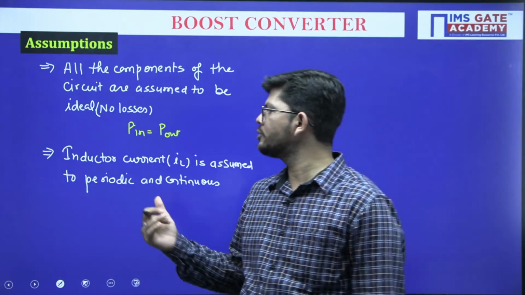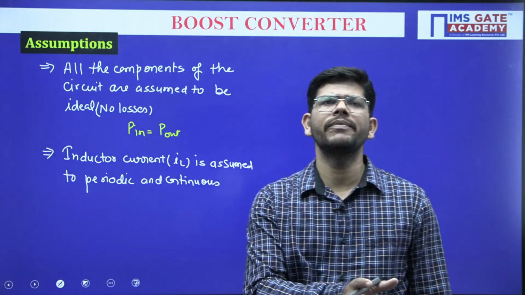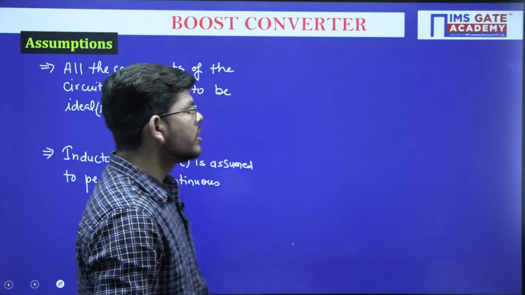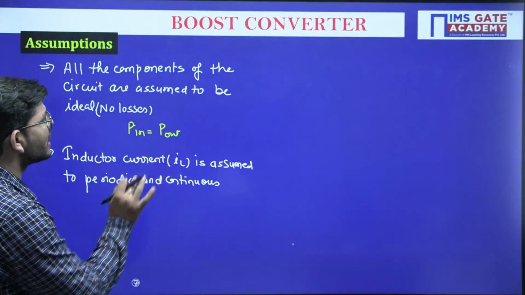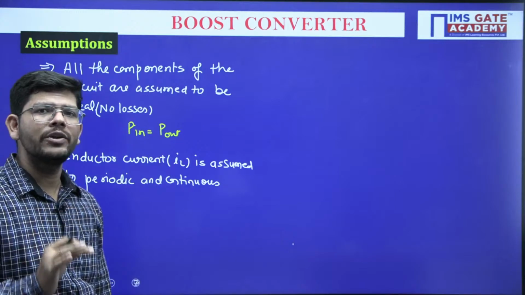What will happen in case of discontinuous conduction? We will have a different lecture for that. So what we have assumed here is that the inductor current is periodic and continuous.